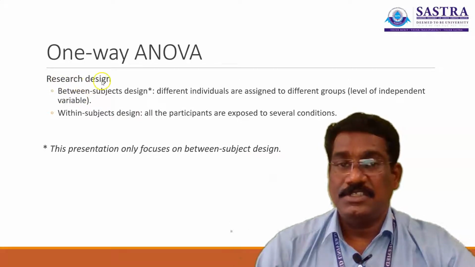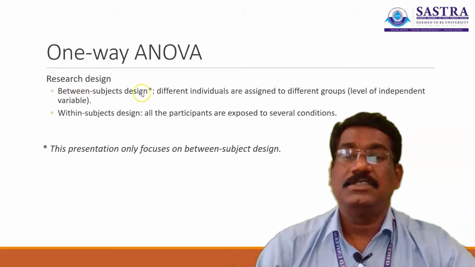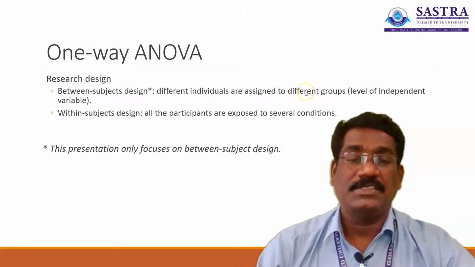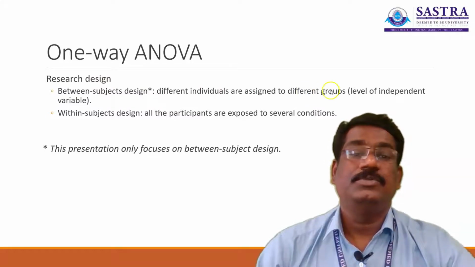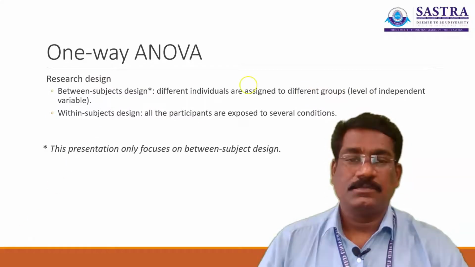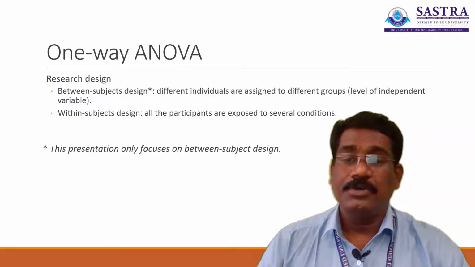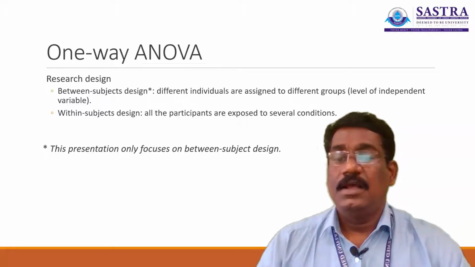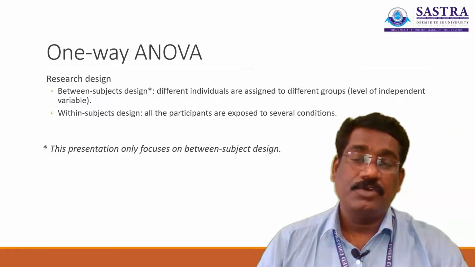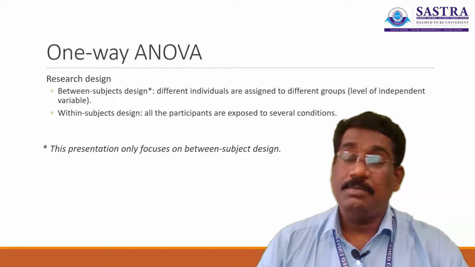So when you look at the one-way ANOVA, you can see the research design here is between subject design. Different individuals are assigned to different groups. So in one-way ANOVA, the presentation which I am focusing on now is only between subject.